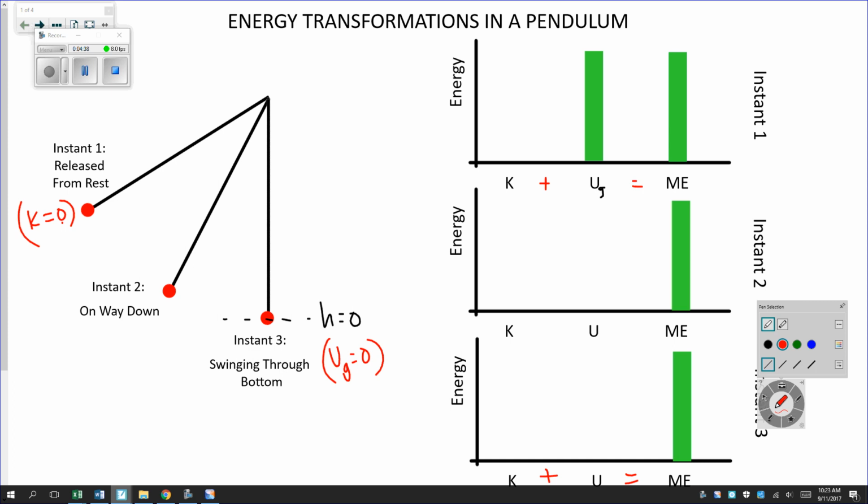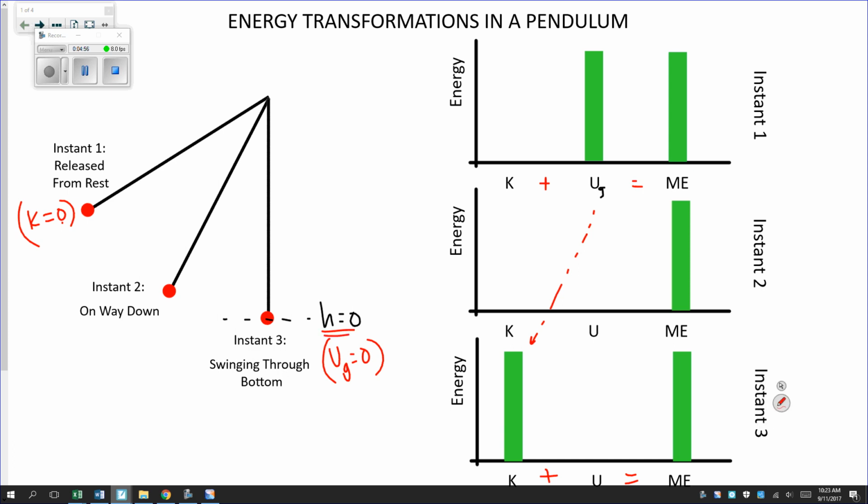The most common thing to initially state is that all the gravitational potential energy turns into kinetic energy. Well, maybe it does, but that depends quite a bit on if you call that bottom height 0. You don't have to call that bottom height 0.